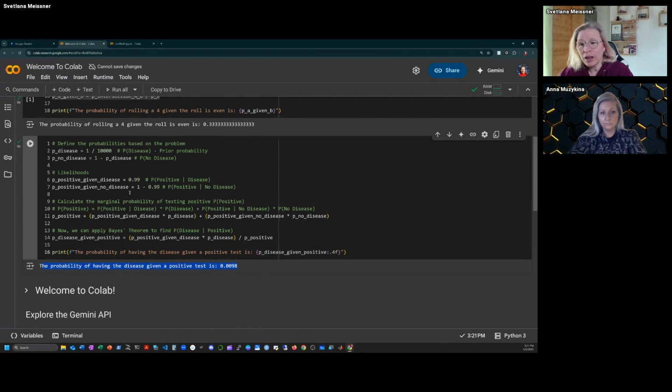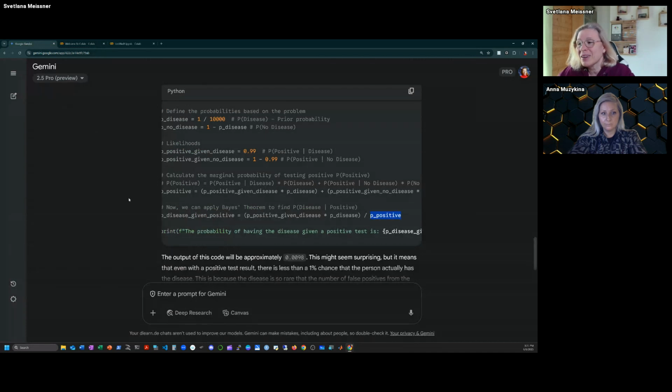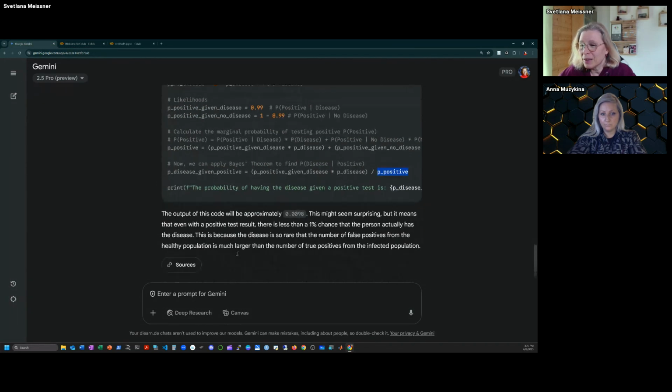If you would like to increase this probability, you need to go through different tests. So the output of this code will be approximately this, which Gemini also explained, and we get the same through this calculation.